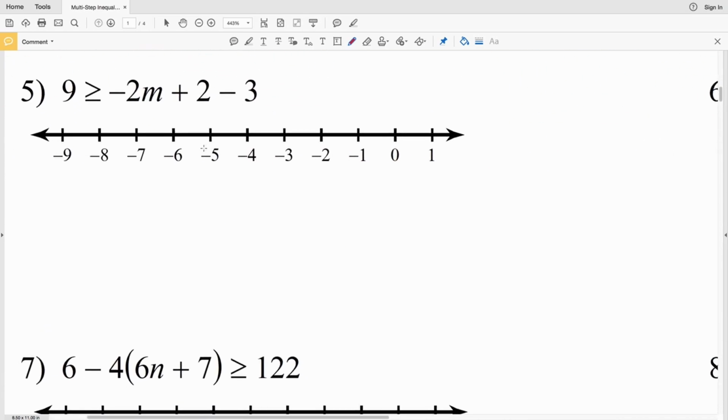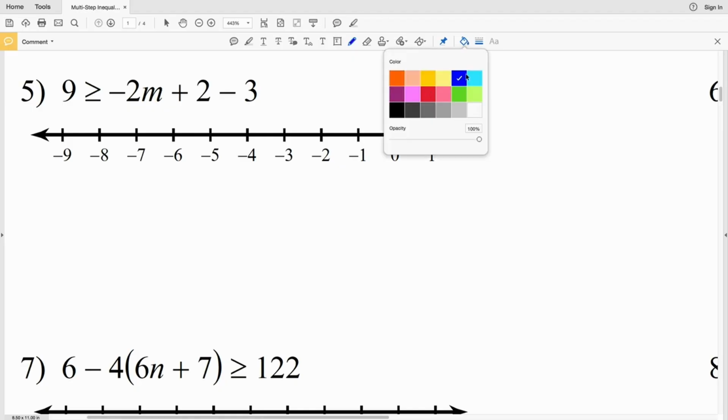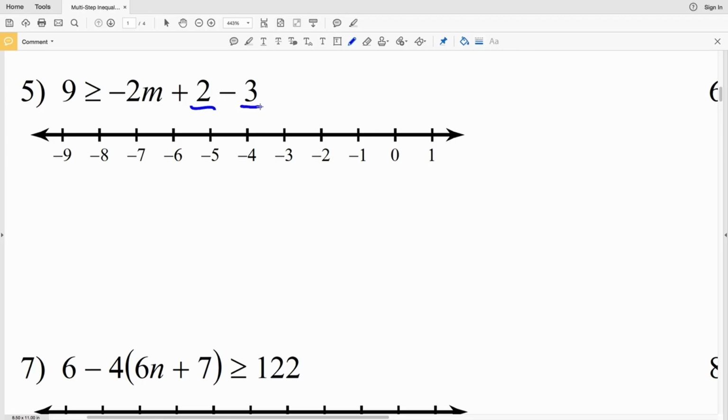Number 5, we have 9 is greater than or equal to negative 2m plus 2 minus 3. Combining like terms on the right-hand side, there's only one term with m, but we can combine the 2 and the negative 3 if this was plus a negative. So we have 9 is greater than or equal to negative 2m plus 2 minus 3, or 2 plus negative 3, is a negative 1.